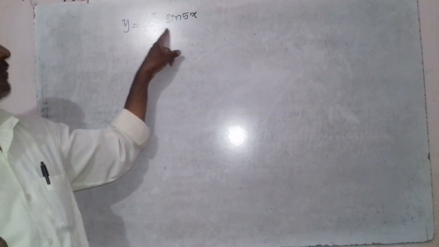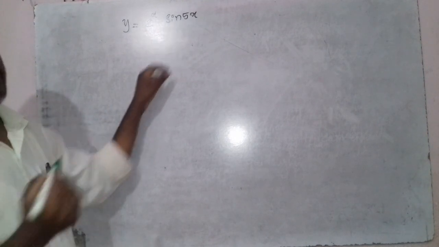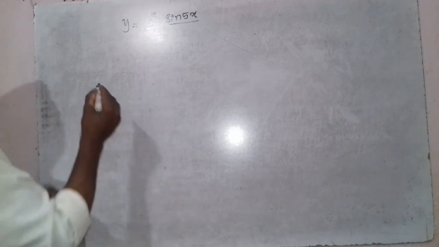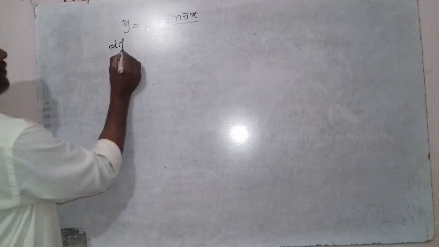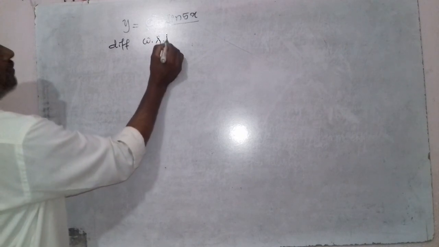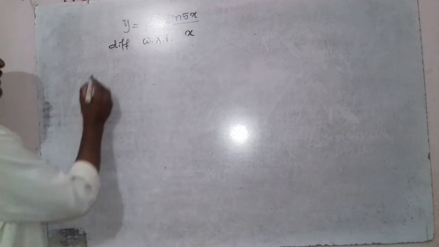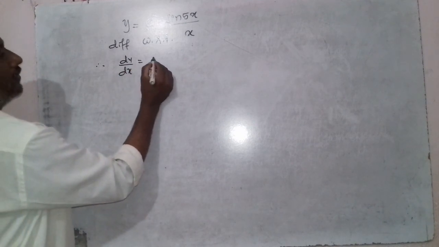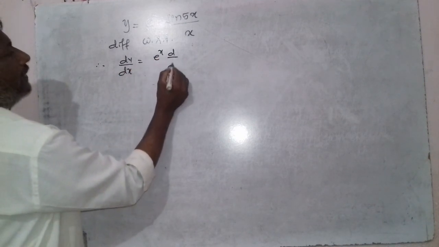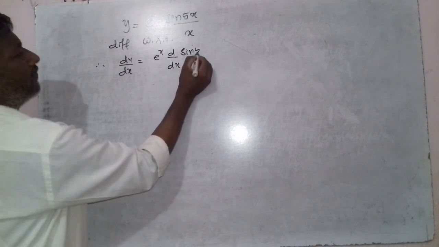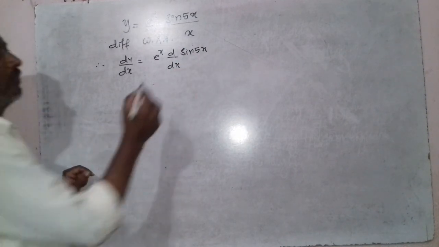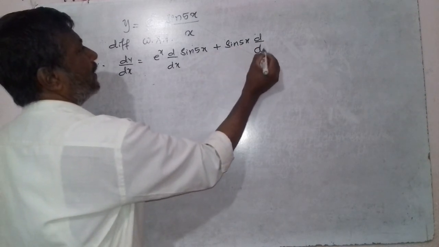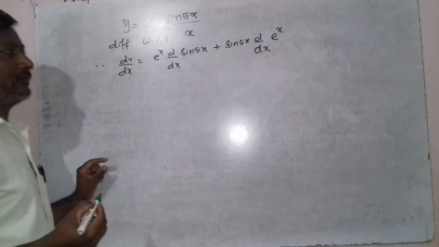Find the second derivative of e raised to x sin 5x. Again, product rule. Therefore, differentiate with respect to x. dy upon dx equal to e raised to x d by dx of sin 5x, product rule, plus sin 5x d by dx of e raised to x.